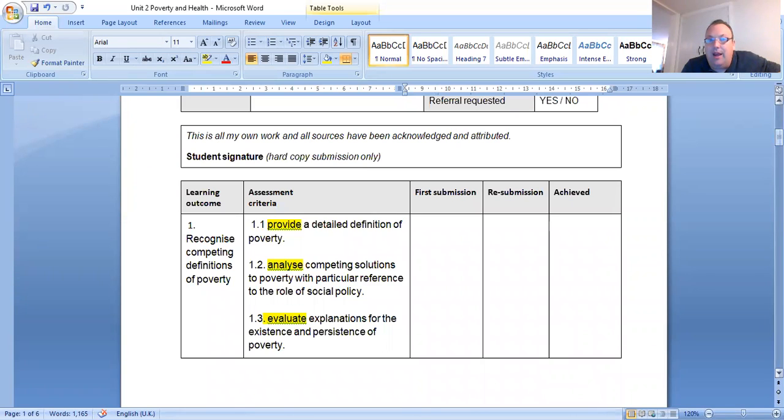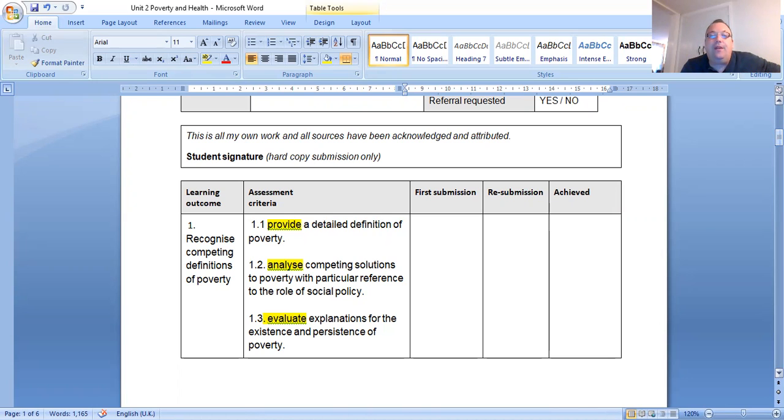What we're looking at here is to compare a simple definition of relative and absolute poverty. We will look into this as your first task. These 3 parts, I know it says detailed here, I've allocated 500 words to, so bear that in mind in terms of the detail we are going to go through these.